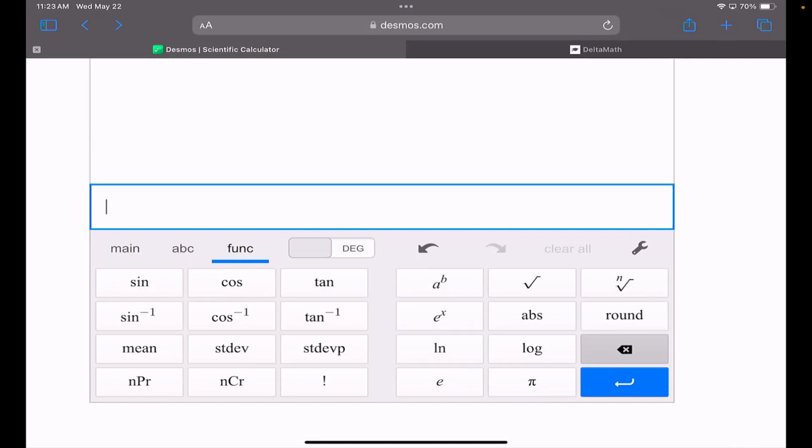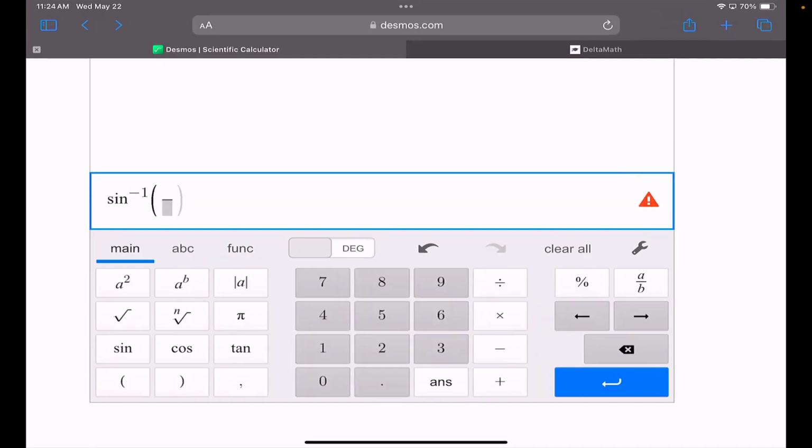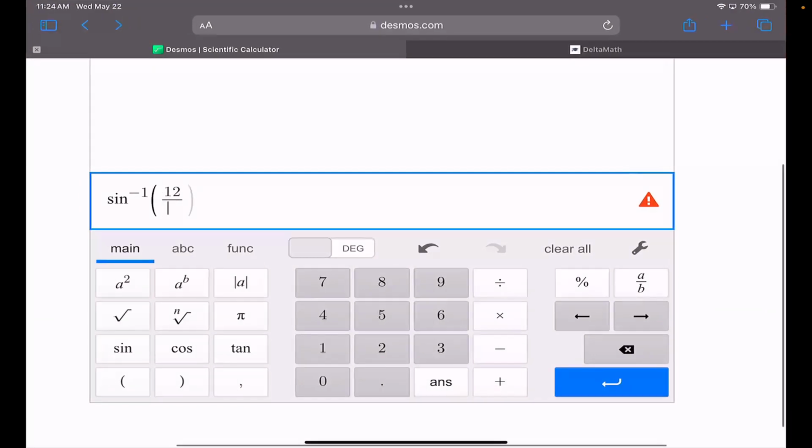So I'm going to hit the sine. Division. I had 12 over 56. There's my answer.